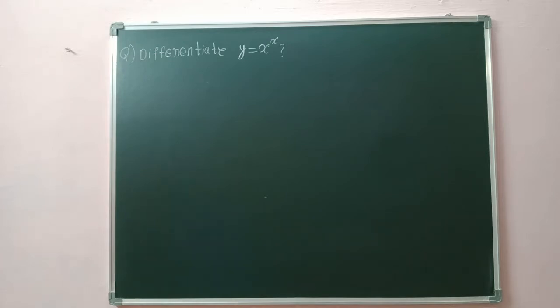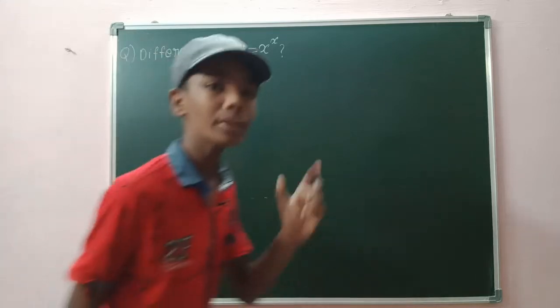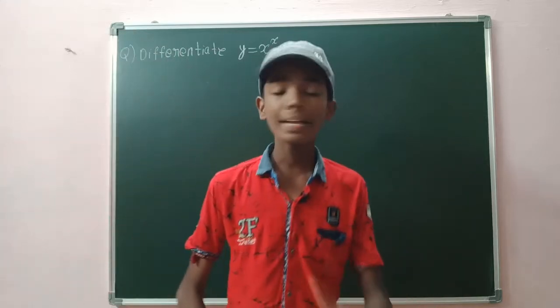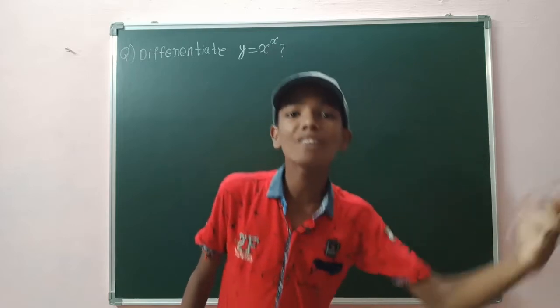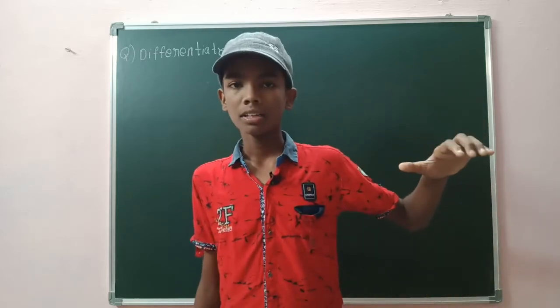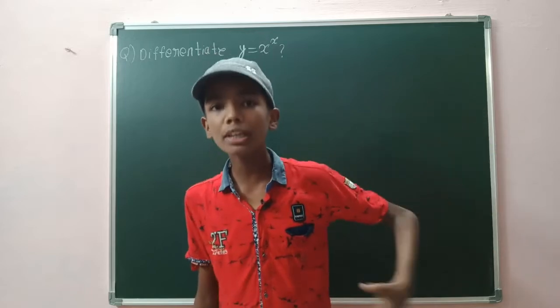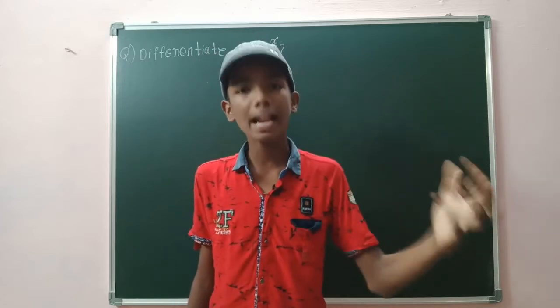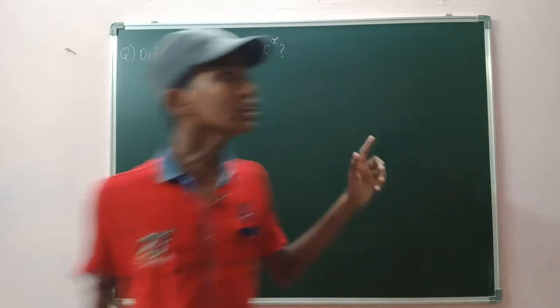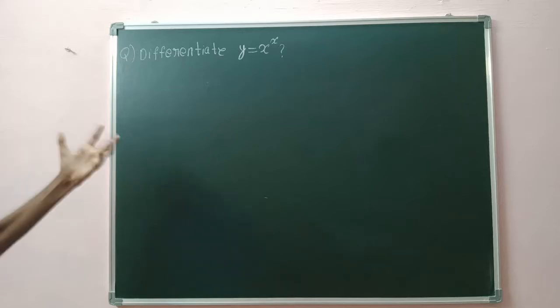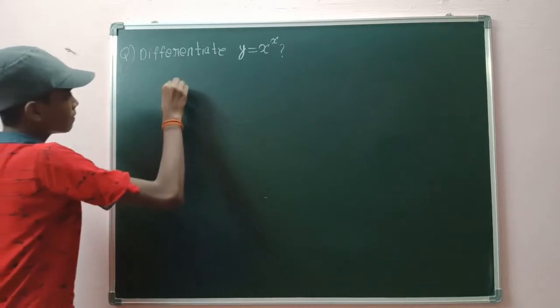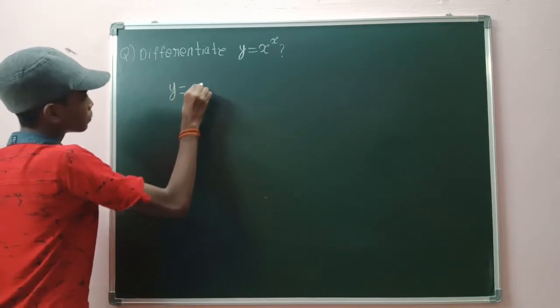Here I am going to use logarithmic differentiation, and please listen carefully because I am going to say each and every step from scratch, so that everyone can understand it. First, as the name suggests, I am having y is equal to x power x, correct?